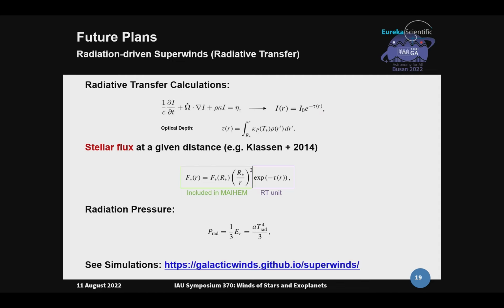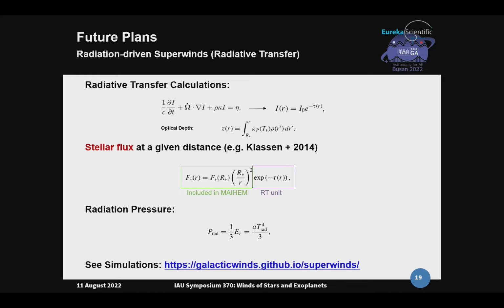And the other thing is that in our photoionization modeling in the hydrodynamic simulation, we simply scale the SED by distance to the power of -2. And this is not correct when we have absorption. In order to include absorption, we need detailed radiative transfer calculations.